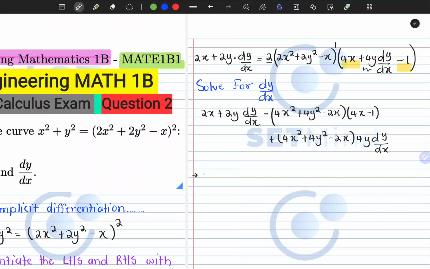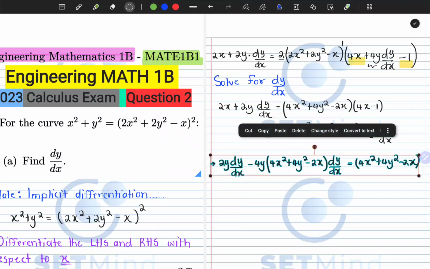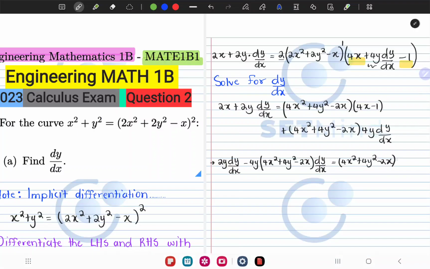When we now transpose, we'll have 2y dy dx minus 4y, which I can choose to multiply inside, but let's keep it as is, 4x squared plus 4y squared minus 2x, multiplied by dy dx. What will be left on the right-hand side is 4x squared plus 4y squared minus 2x, multiplied by that entire other bracket, which is just 4x minus 1.